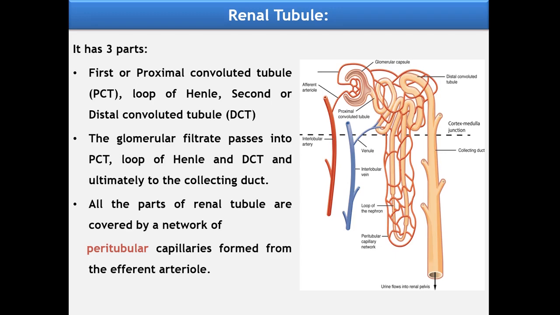The efferent arteriole, which comes out of the Bowman's capsule, extends, and further divides into many capillaries and surrounds the PCT, loop of Henle and DCT. This is called peritubular network, which is meant for the exchange of materials between renal tubule and blood capillaries. We will learn about this exchange in our next session.